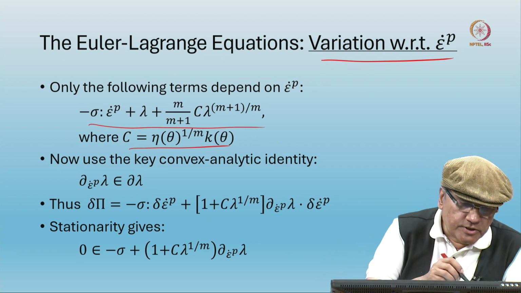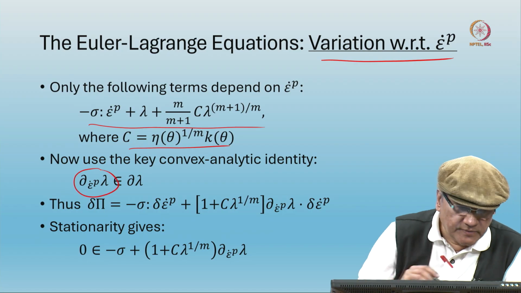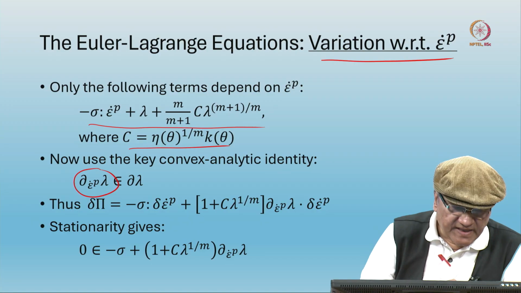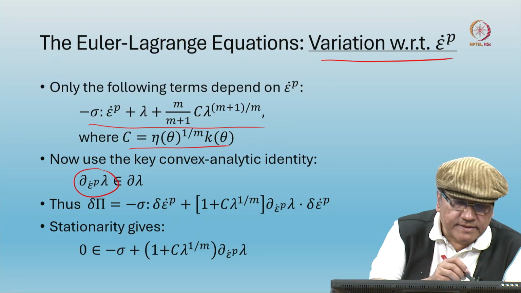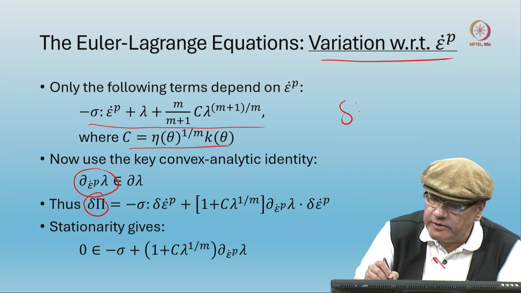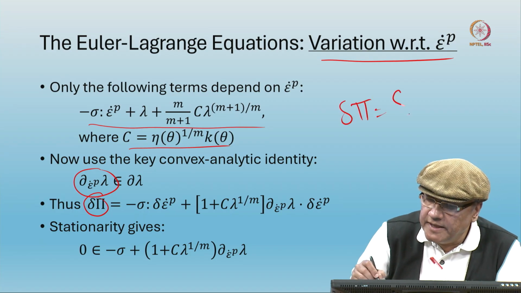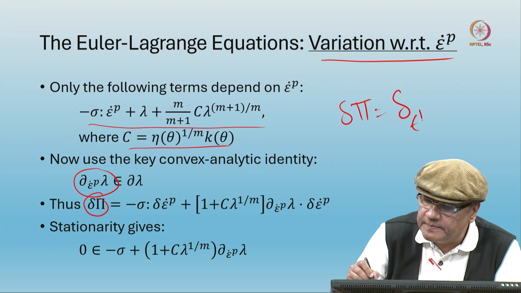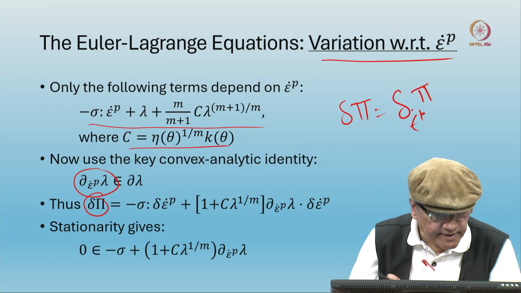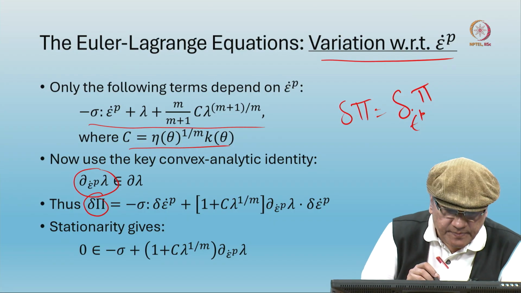You must remember that all the time, so that the word subdifferential should not make you uncomfortable. So the subdifferential of lambda, that we need to find. Let us write this del pi. Del pi here means epsilon p dot pi, that is, you are taking the variation with respect to epsilon p dot.